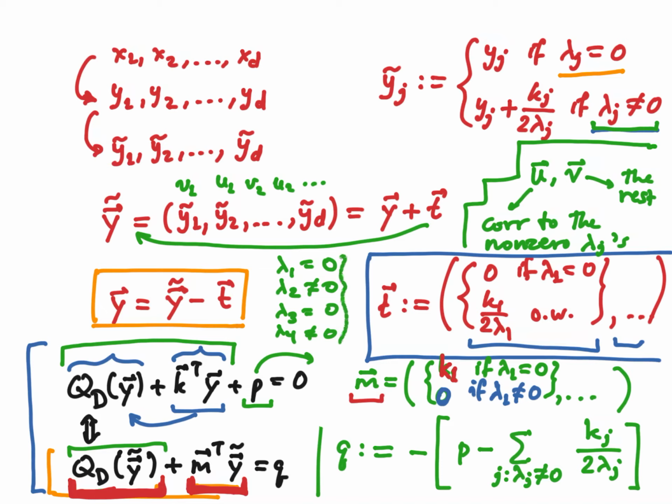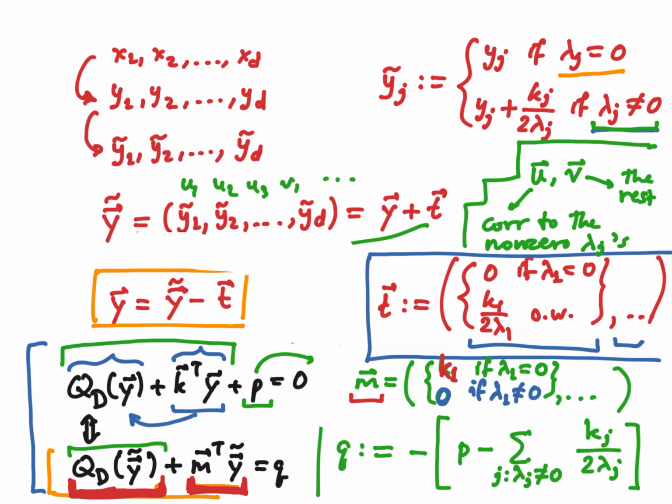Maybe the first three of them are non-zero, and then you have a 0. If these were all non-zero, except maybe the fourth one is 0, then you would have this order, u1, u2, u3, and then v1. So there's some interlacing, in other words. But it's the u's that correspond to the non-zero lambdas, and the v's correspond to any lambdas that are equal to 0. All right?